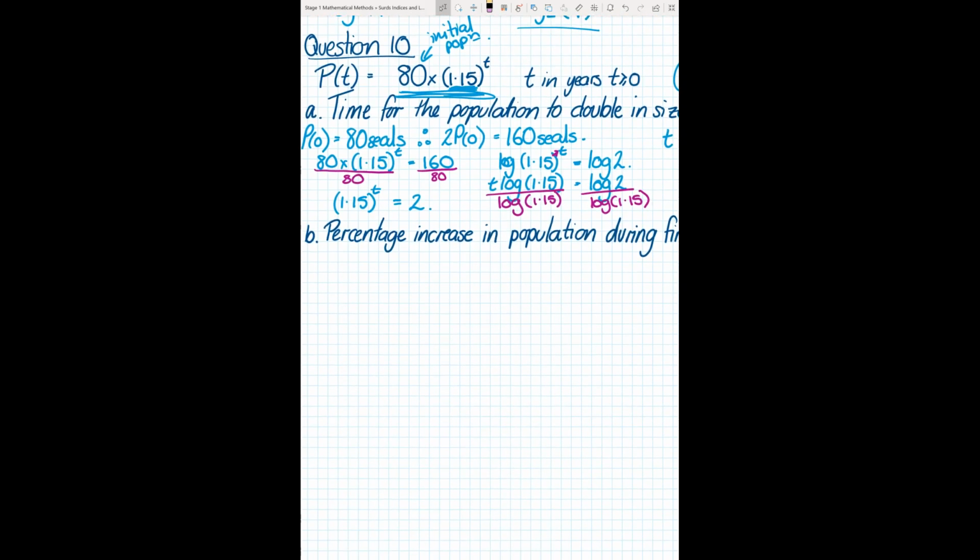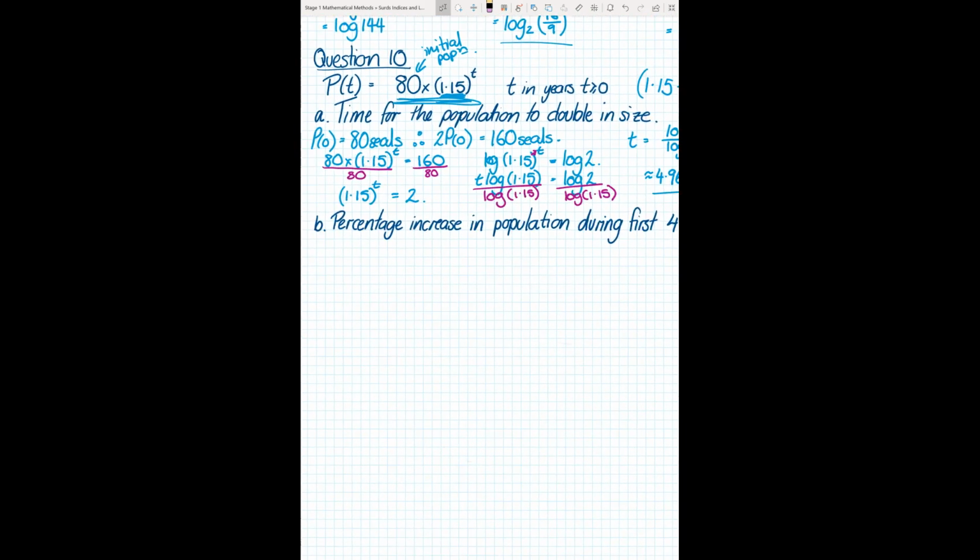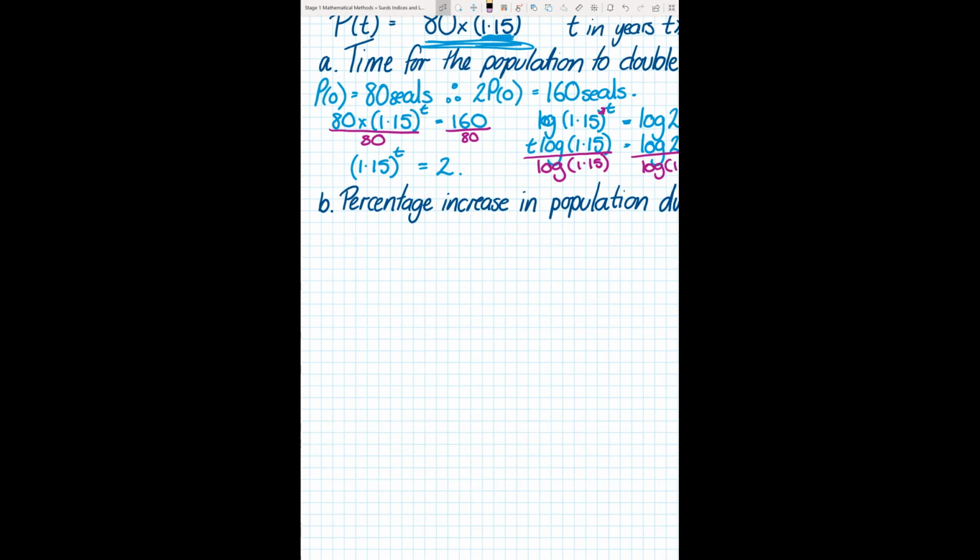Okay, the next question is asking, what is our percentage increase in population during the first 4 years? So it's saying, what's our increase been when t equals 4? Now remember that the increase in population is all determined by that second term in our relationship. So if we write our relationship out again here, times 1.15 to the power of t.